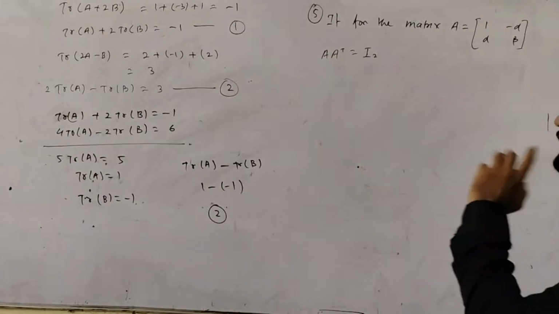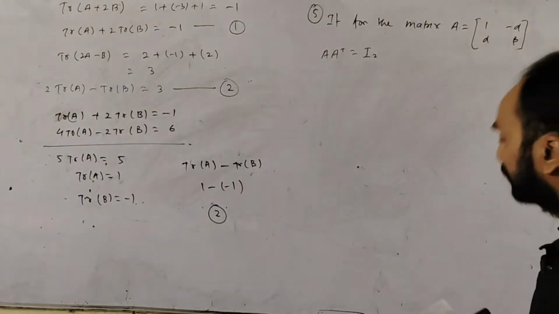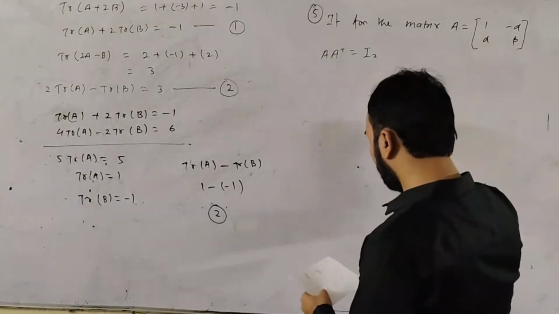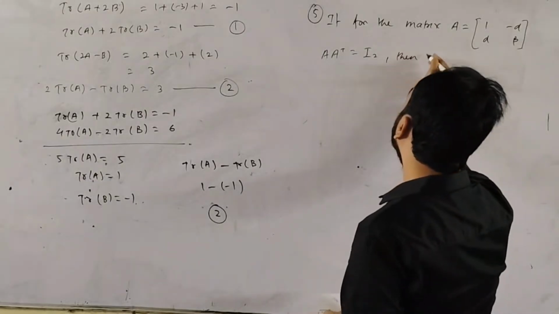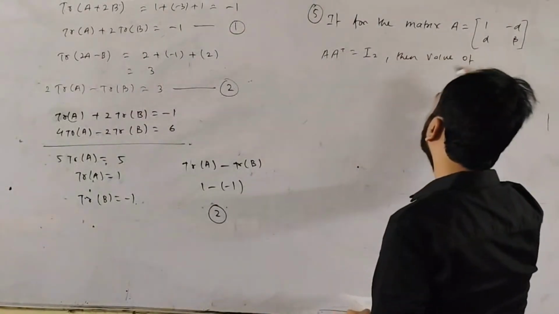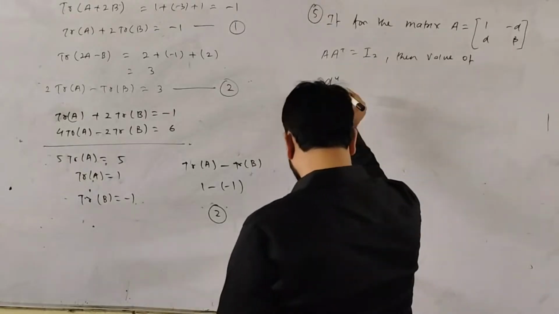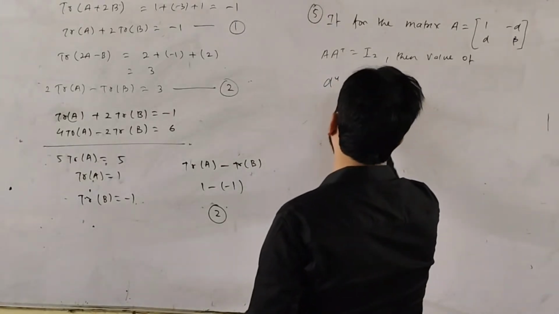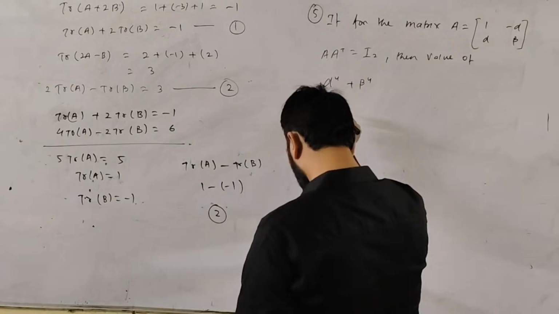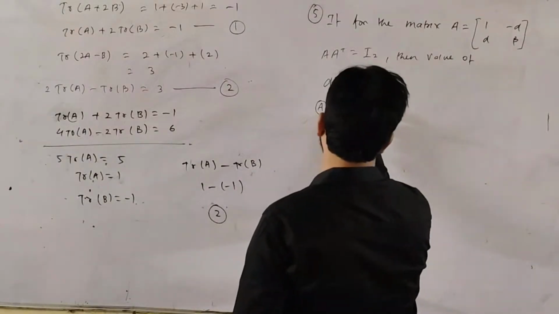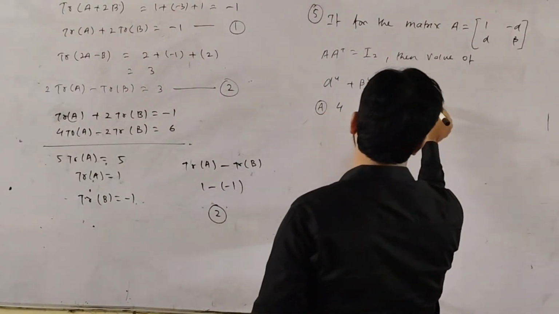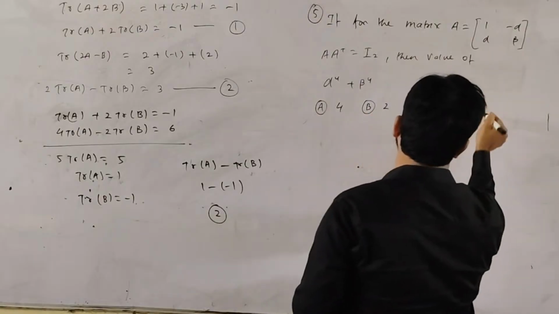Any identity matrix which is of the form 2 cross 2, right? Then the value of alpha to the power 4 plus beta to the power 4. Options are given as 4, 2, 3 and 1.